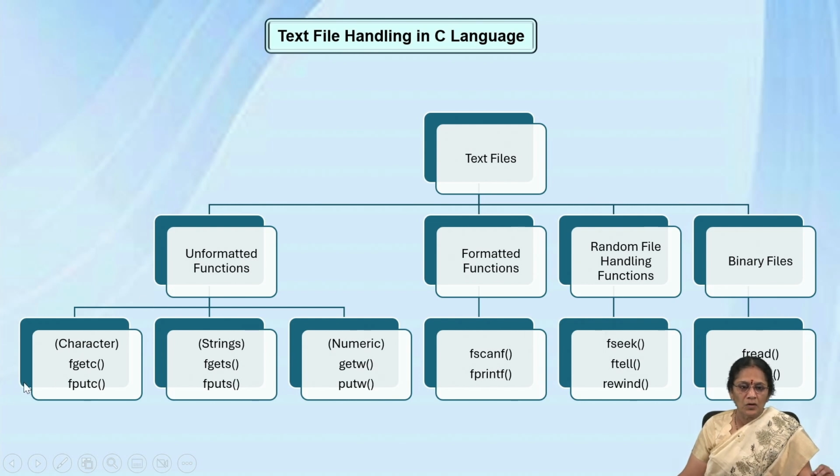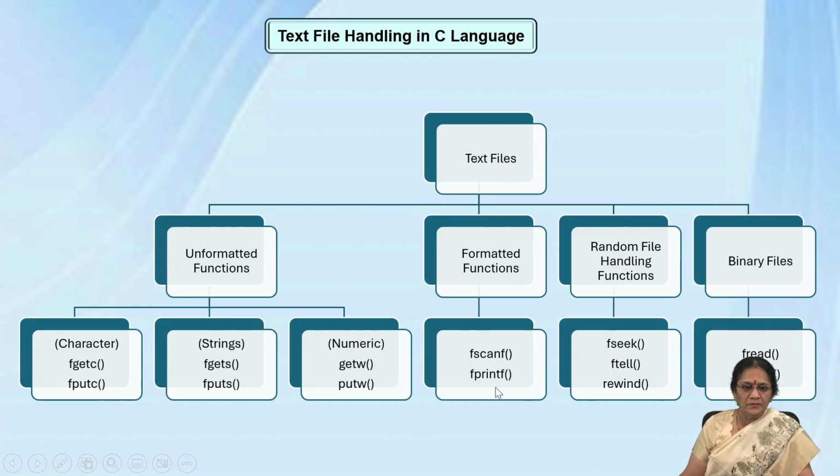Unformatted functions, if you are working on characters, we just use fgetc and fputc functions. Whereas if we are directly working on strings, we go ahead with fgets, fputs. When we work on numbers in a file, then we use getw and putw. Further, we have formatted functions like fscanf, fprintf.